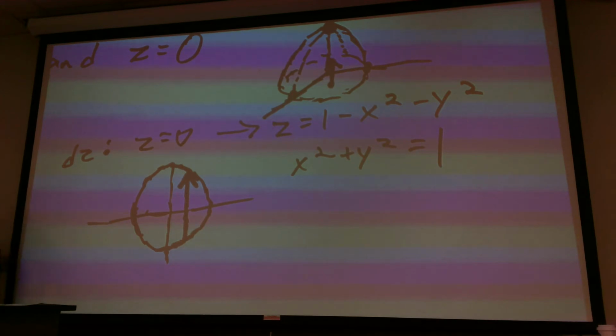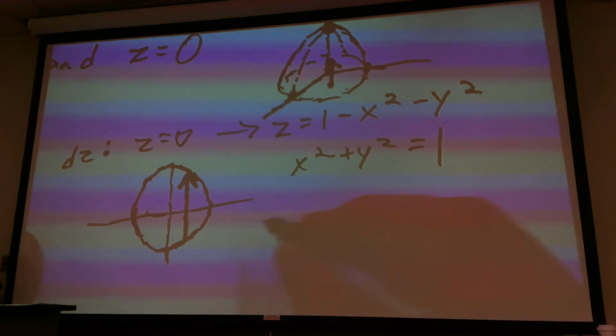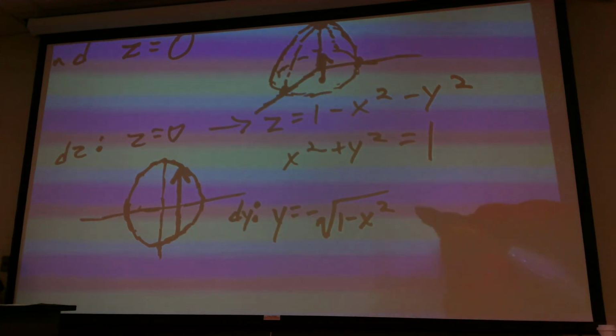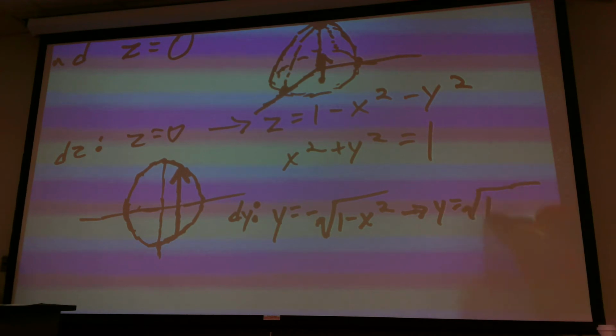So my dy would go from y equals negative square root of 1 minus x squared to, so it's going from the bottom of the circle to the top of the circle, y equals positive square root of 1 minus x squared.